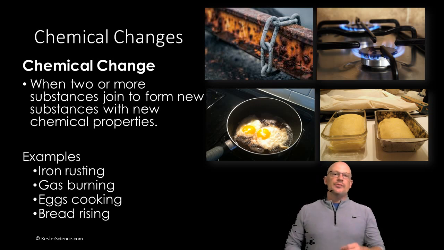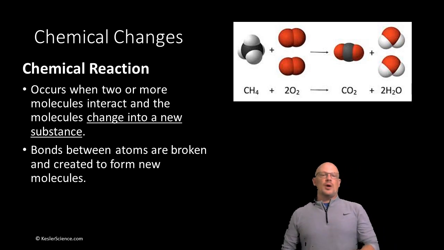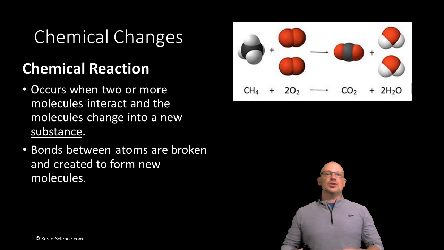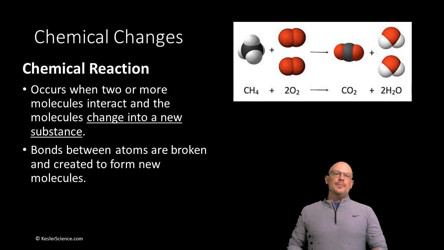The key thing to remember between physical and chemical changes is that in a chemical change, a new substance is formed with totally new properties. And so we'll look at the chemical reactions and how do we figure out what those are going to be and balancing those out in the future.